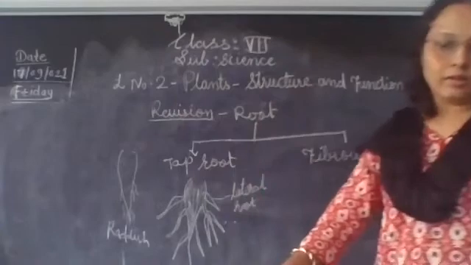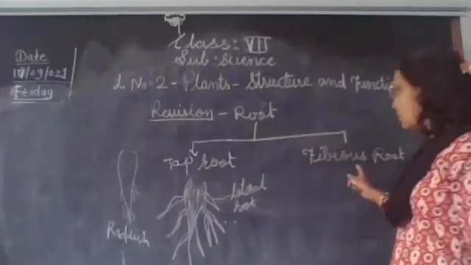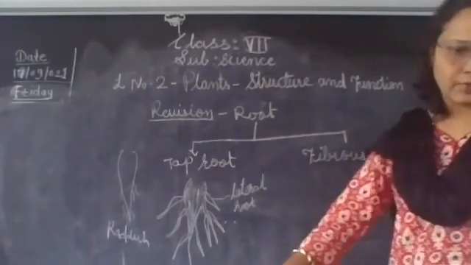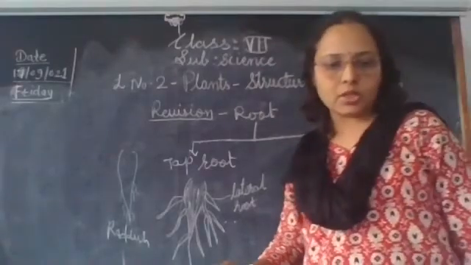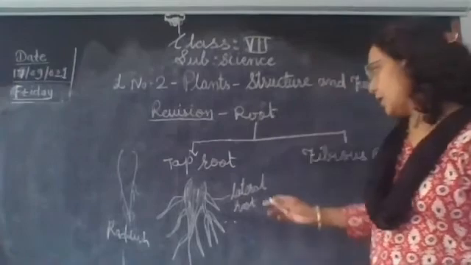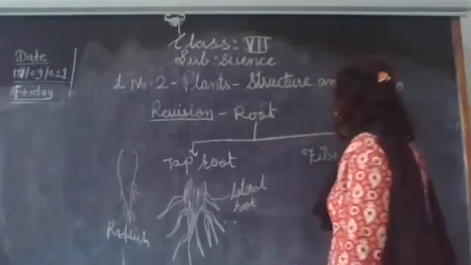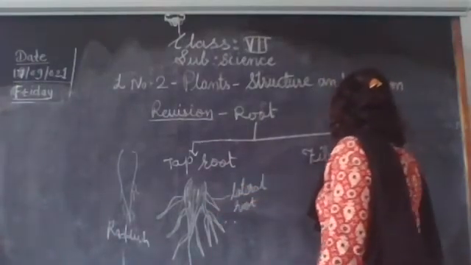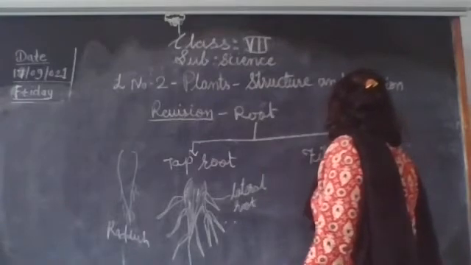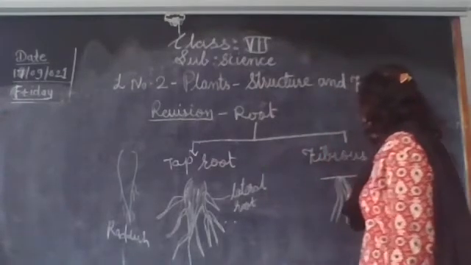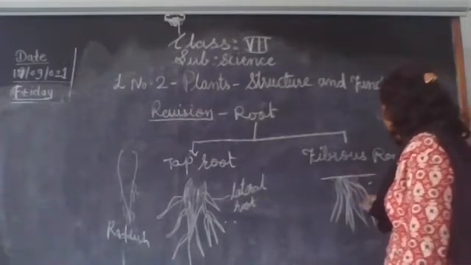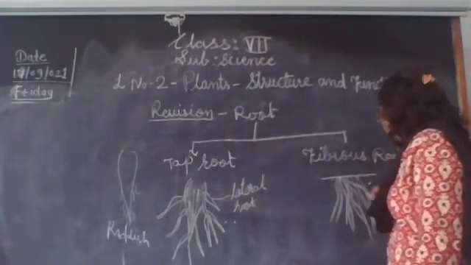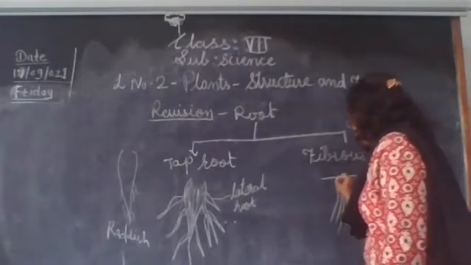Then the fibrous root. Another type of root is the fibrous root. In this type of root system, there is no main root. The roots occur directly from the stem. So see the difference between taproots and fibrous roots.